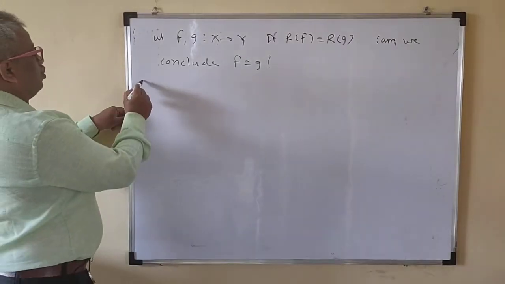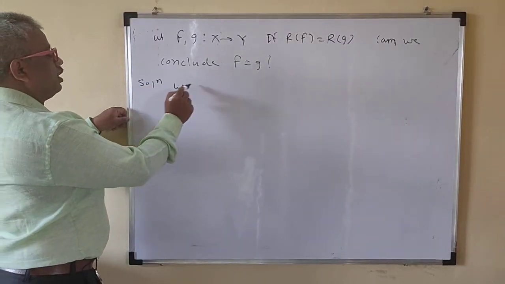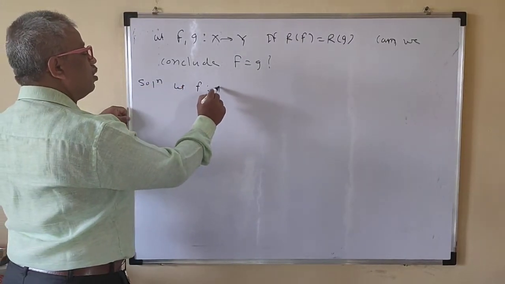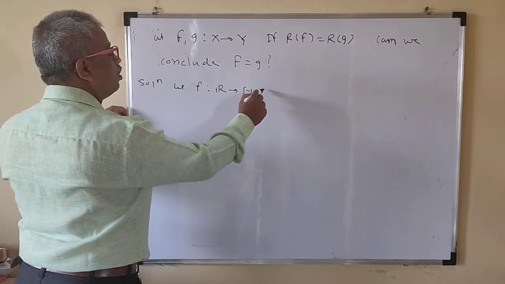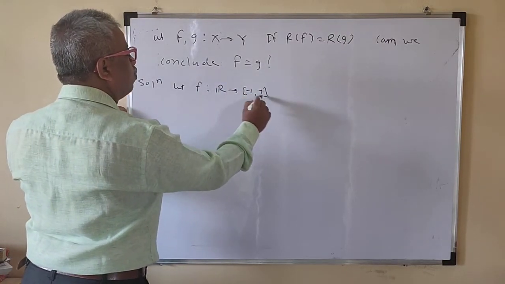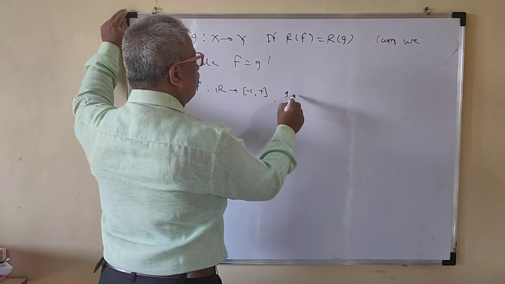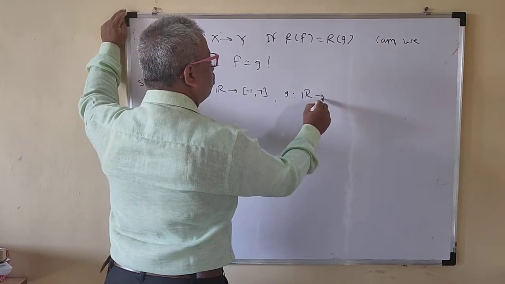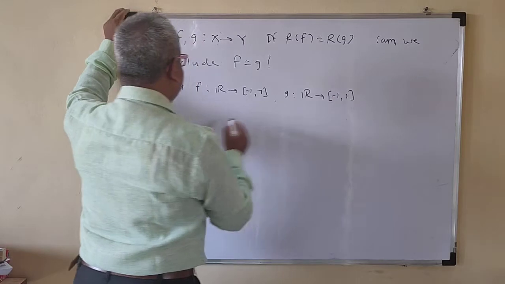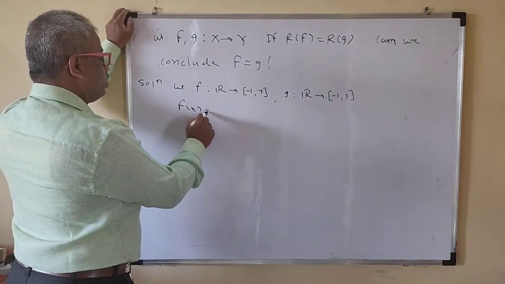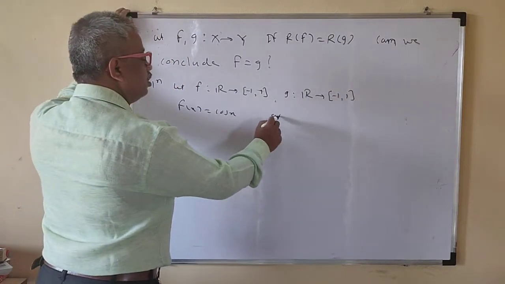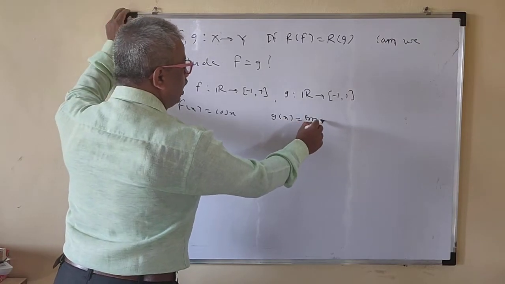Solution. Let f from R to the closed interval minus 1 to 1 and g from R to minus 1 to 1. f of x is equal to cos x, g of x is equal to sin x.